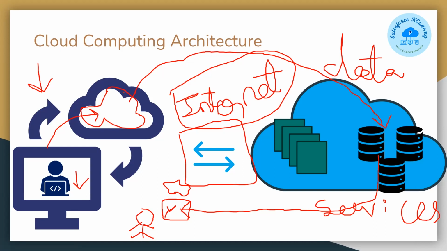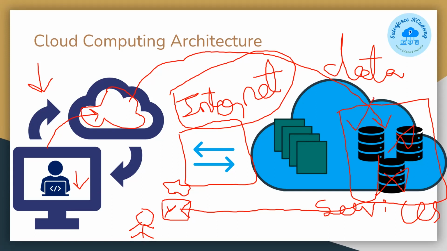Now this viewing and uploading can be possible if there is a database which stores your data. If there is a database which stores your data, only then you can access that data. Okay, suppose let us think there is only one database and your data is stored here.